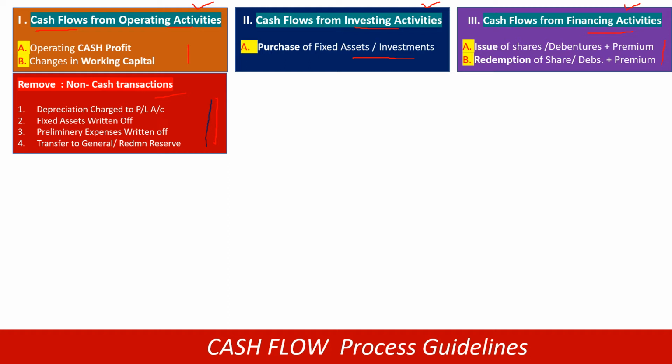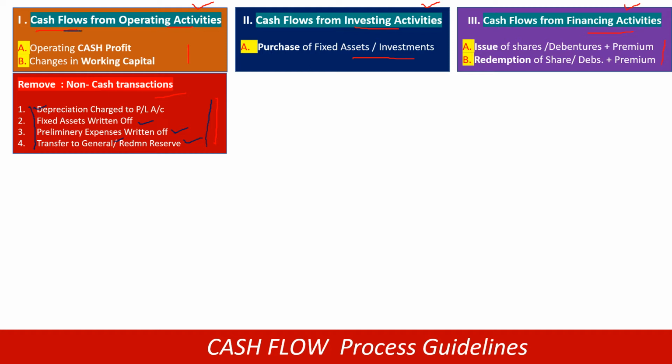non-cash transactions, which are depreciation, a book entry; write-off of fixed assets, a book entry; preliminary expenses write-off, a book entry; and transfer to and from general reserve, redemption reserve, or reserves of similar type. These four transactions we need to identify. Why?